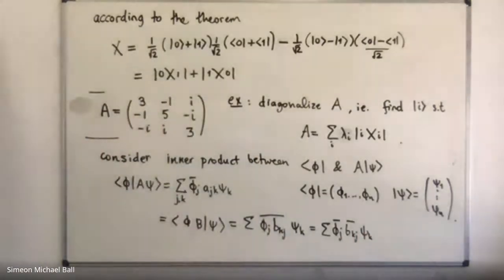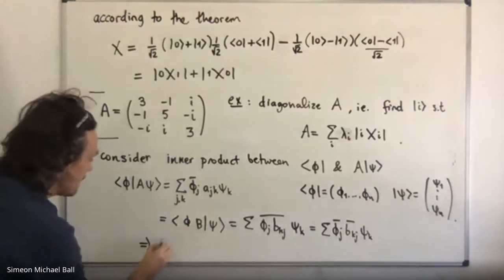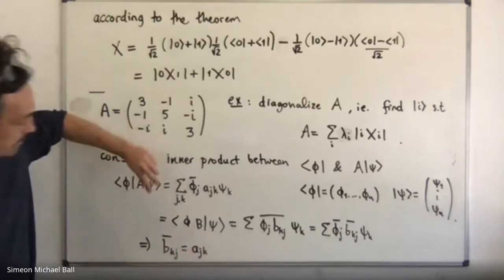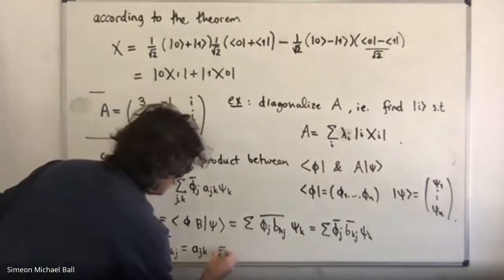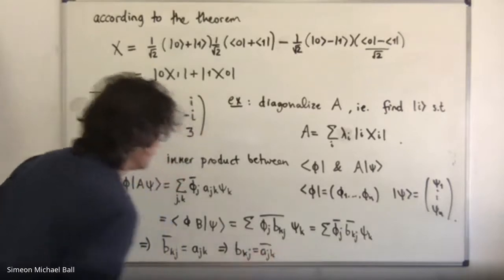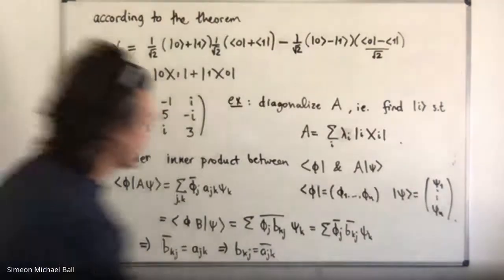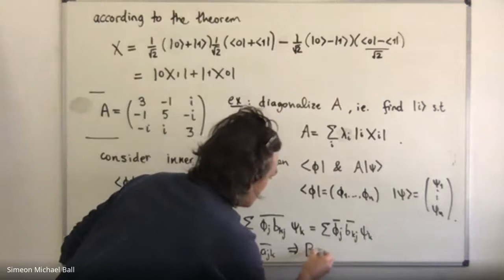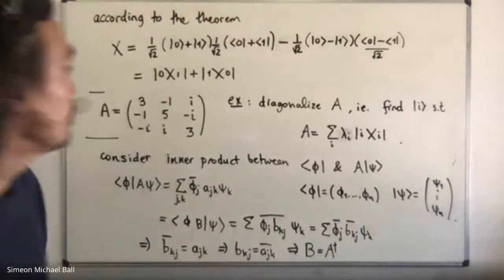So this implies that the matrix entries here have been flipped, transposed, and then conjugated. B is a dagger. So this dagger, recall, we already defined before, but let's just say it again.